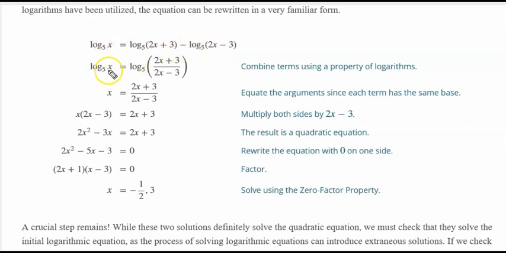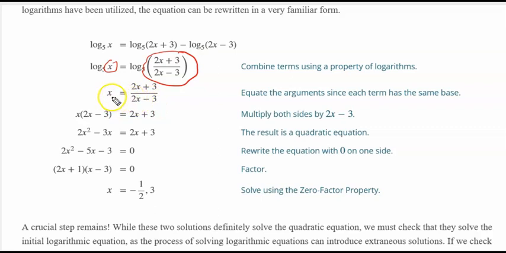So this side stays the same. Here, since this is subtraction, we're going to divide by this. Our bases are the same. So our exponents then, or our answers, equal each other. So this is what we have.